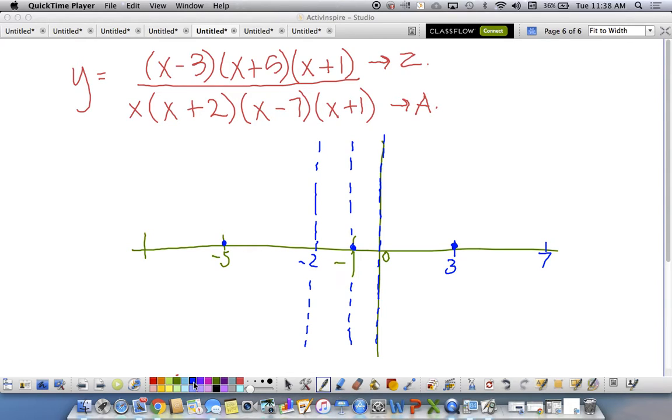So now we have to find if it's positive or negative each section. So we're gonna plug in -6. -6 minus 3 is negative. So the top's negative.